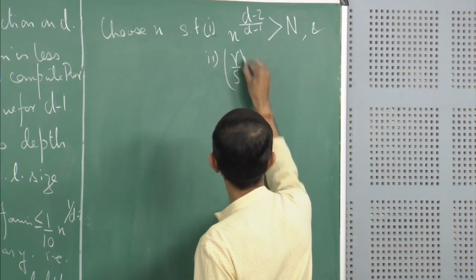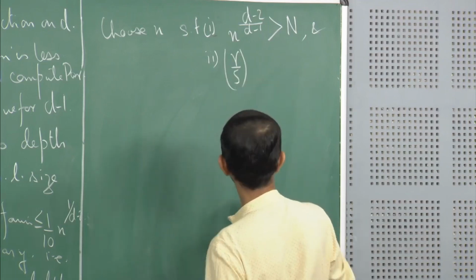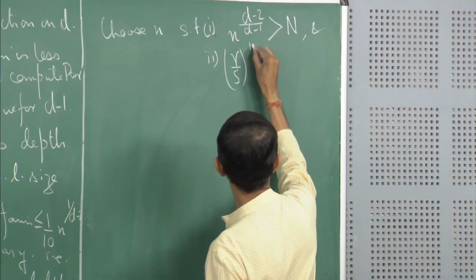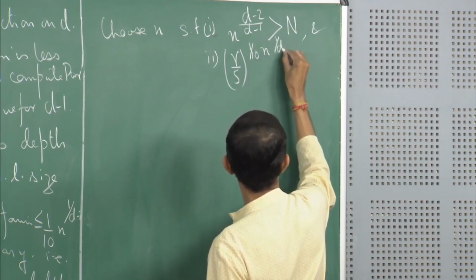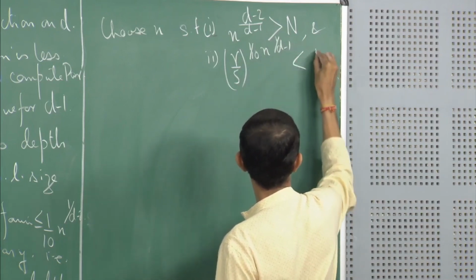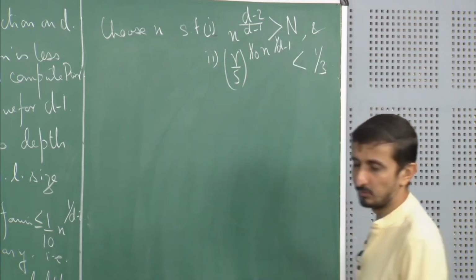Gamma by 5 raised to the power 1/10 n to the power 1 over D minus 1 is less than 1/3.